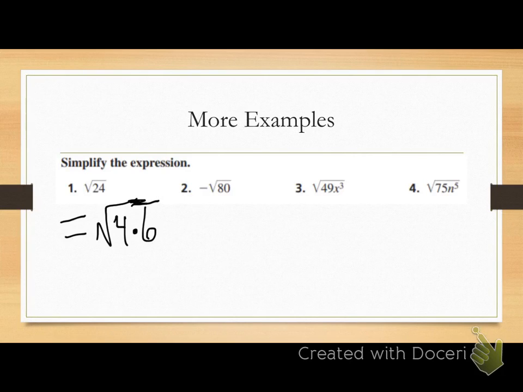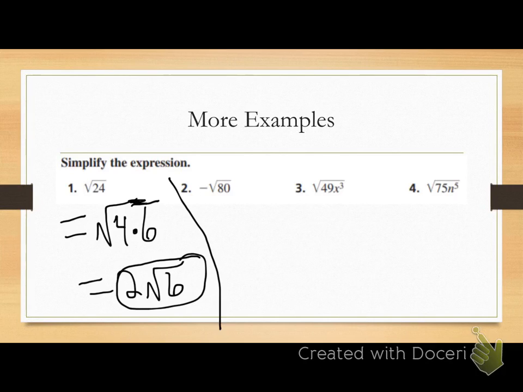The only other perfect squares would be 9, which does not go into 24. 16 does not go into 24. 25, that's bigger than 24, so that's all we can look at. So 4 is the biggest perfect square that goes into 24. The square root of 4 gives me 2. Square root of 6. There are no perfect squares that go into 6, so I know this is my simplified radical.